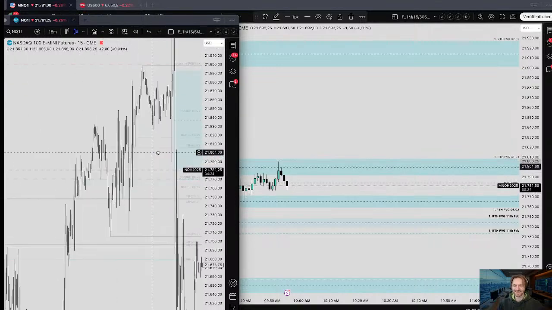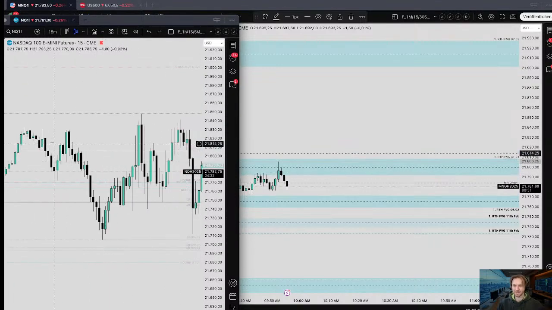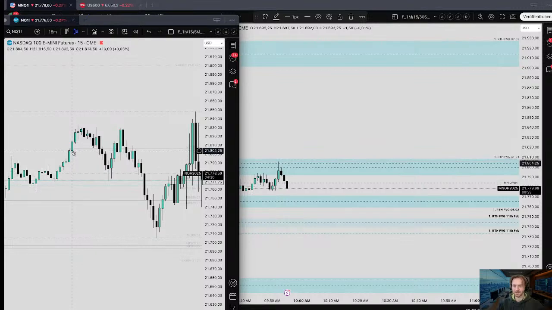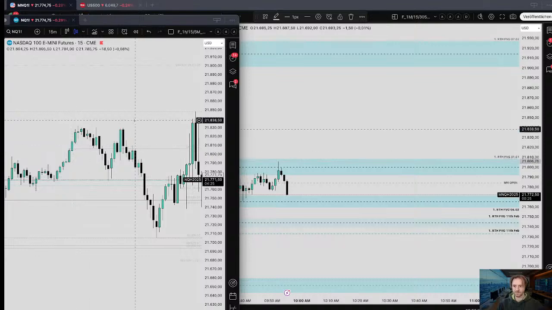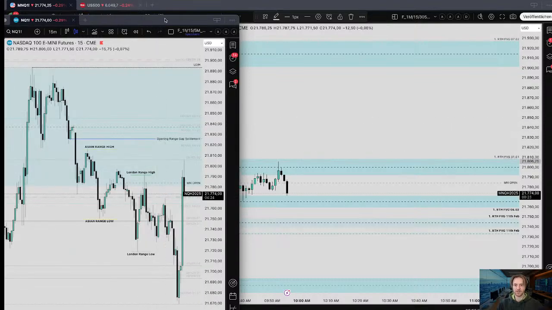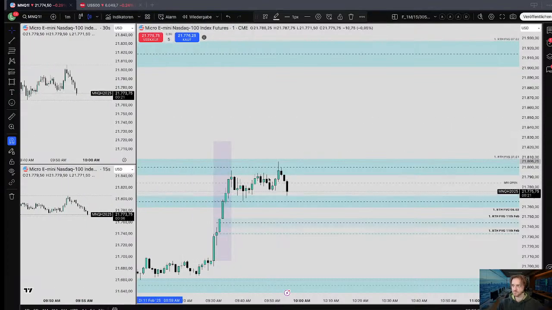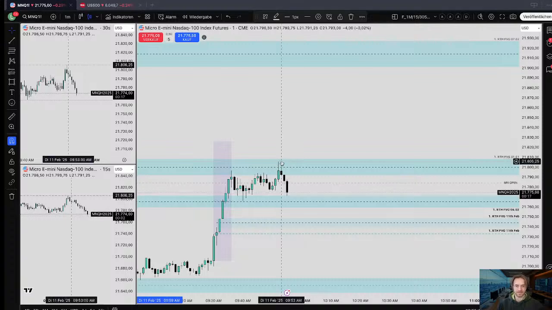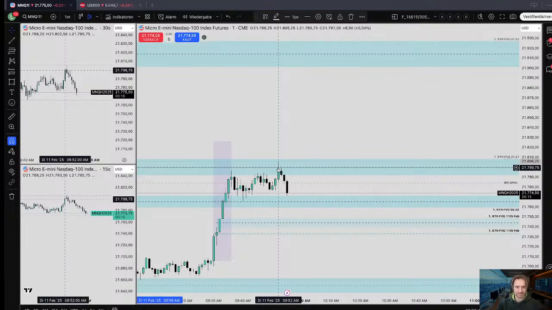So it makes a short high up here and then opens a bit lower on 12. So you see this is the high of the very day. Basically this level, and it's respecting it, I think, to the tick.